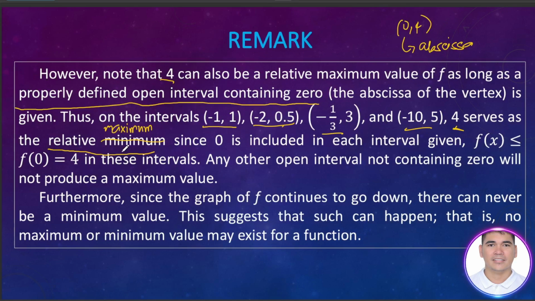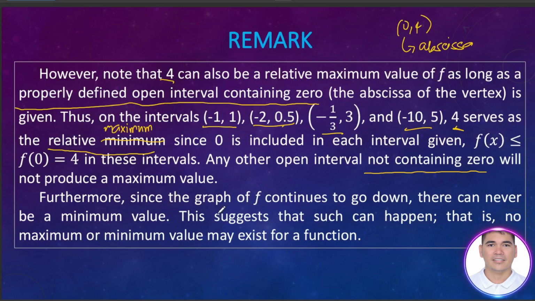Since 0 is included in its given interval, f of x is less than or equal to f of 0, which is equal to 4 in this interval. Any other open interval not containing 0 will not produce a maximum value. So when 0 is not in that interval, we cannot produce a maximum value.